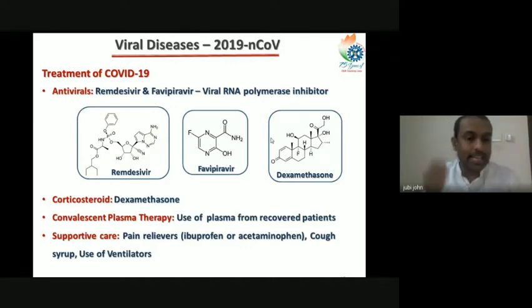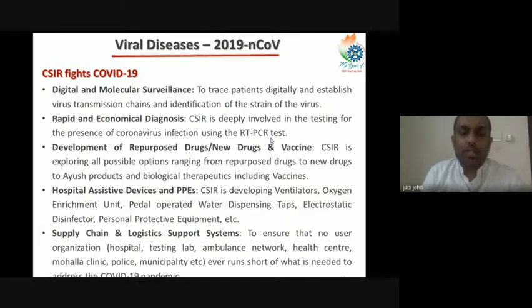And finally, supportive care, that is, care given to relieve the symptoms of the virus infection. As soon as COVID-19 was reported in India, my parent organization, the Council for Scientific and Industrial Research, started working to tackle this virus infection in different ways, such as digital and molecular surveillance, where we take virus strains from different parts of the country and identify the strain of the virus, and rapid and economical diagnosis.